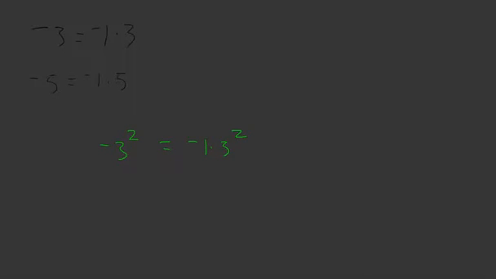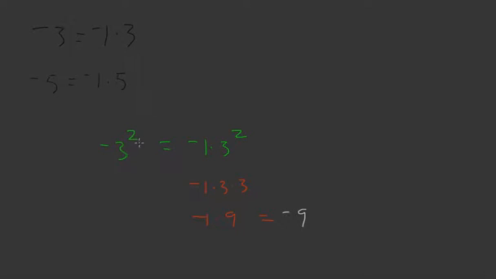So then all that can be rewritten as -1 times 3 times 3. So what was squared was a 3, and now you have a 9 times -1, which equates to -9.